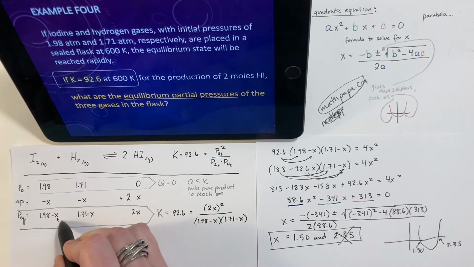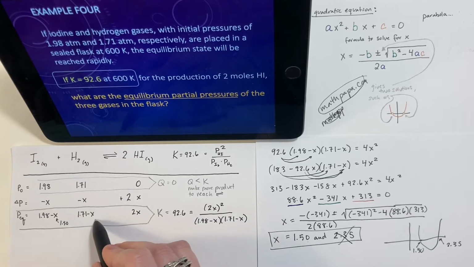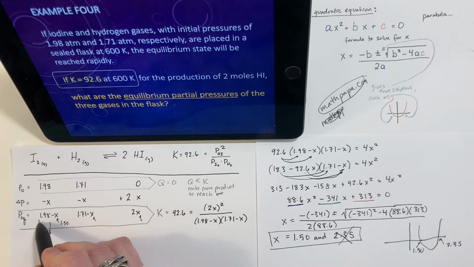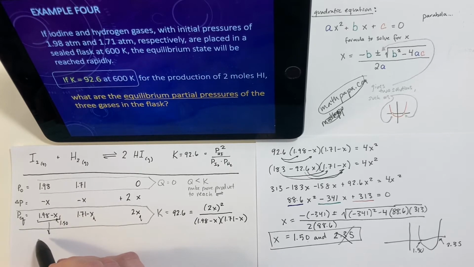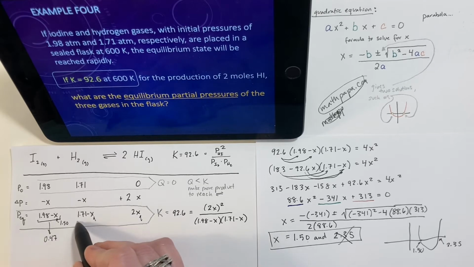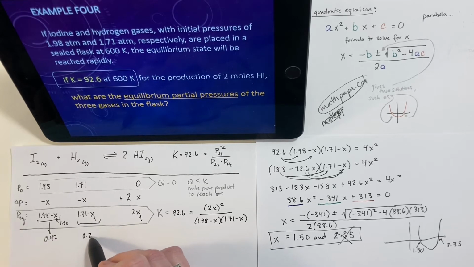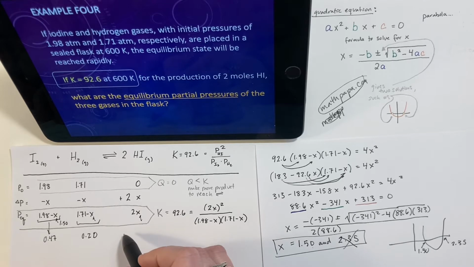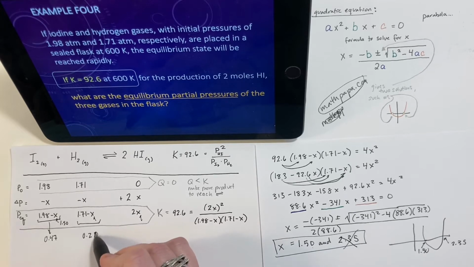So when we plug in our 1.50 for x in each spot there, our equilibrium partial pressure of I2 comes out to be 0.47. And for our H2 it comes out to be 0.21. Or 20, I'm sorry, no, I think it is like 2.21.